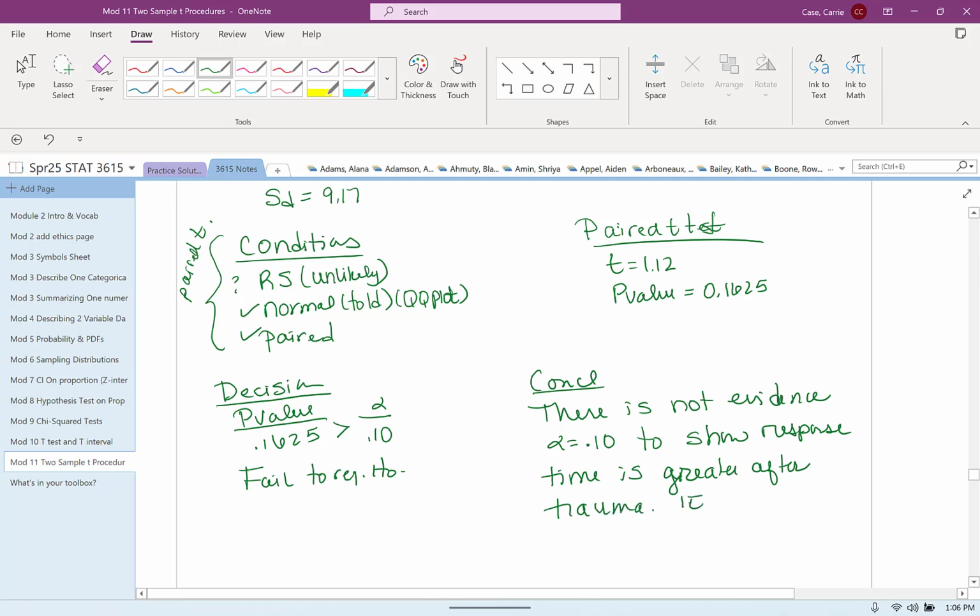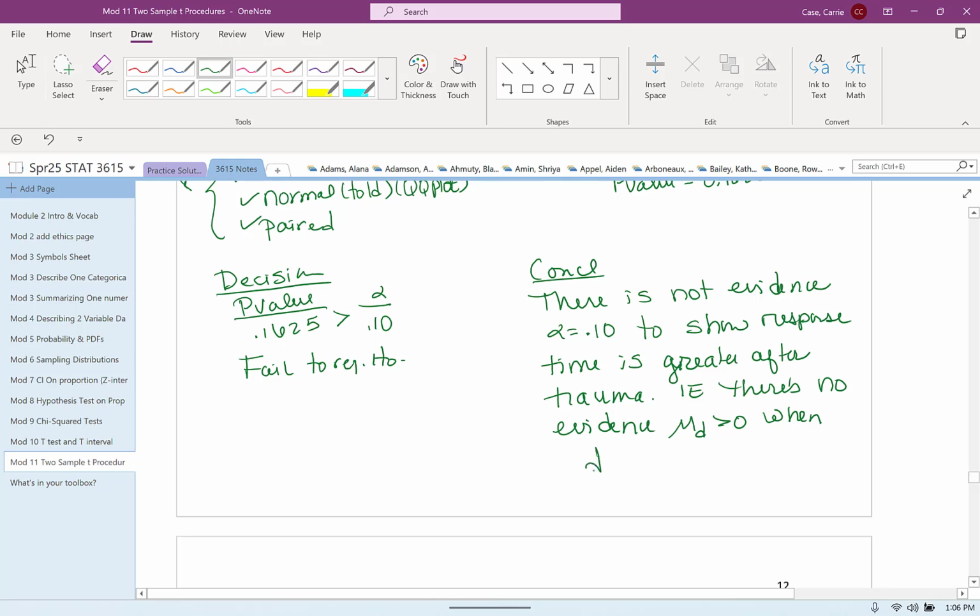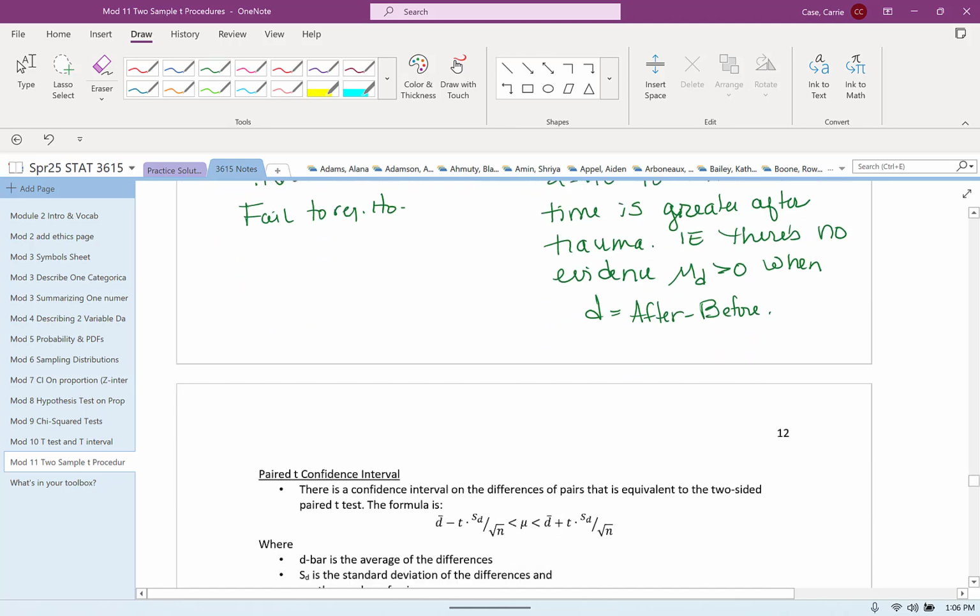And what that really means is there's no evidence that mu sub d is greater than 0 when d equals after minus before. So you do have to include that subtraction statement there.